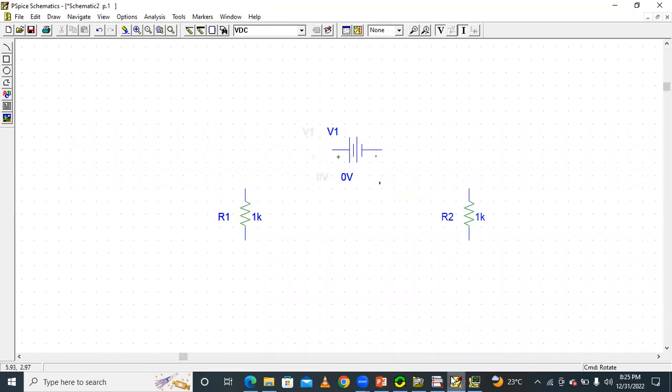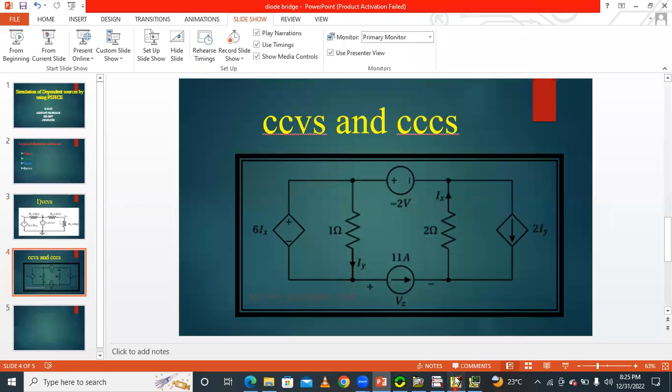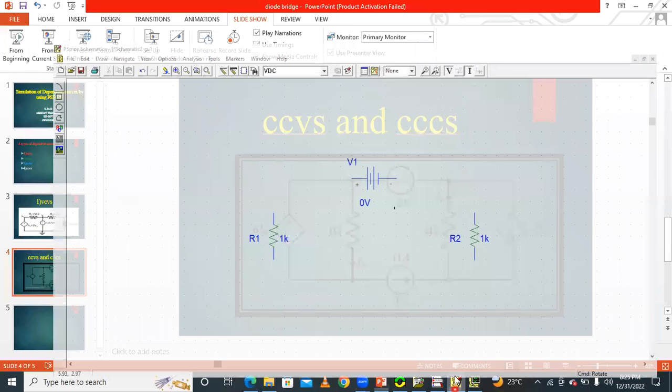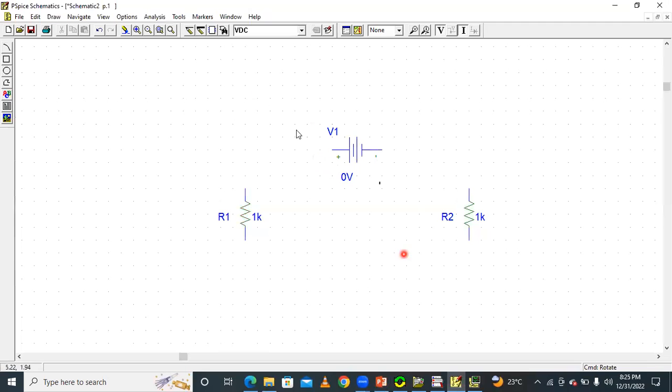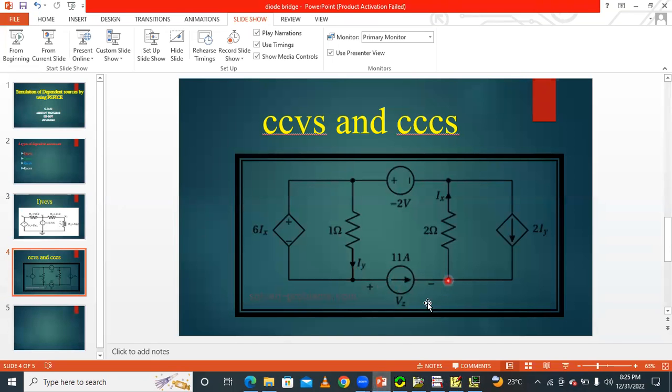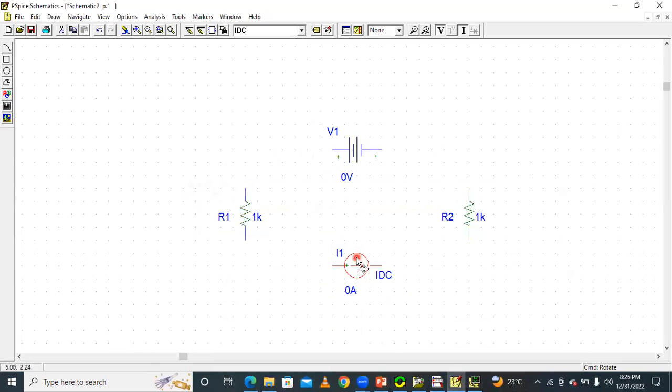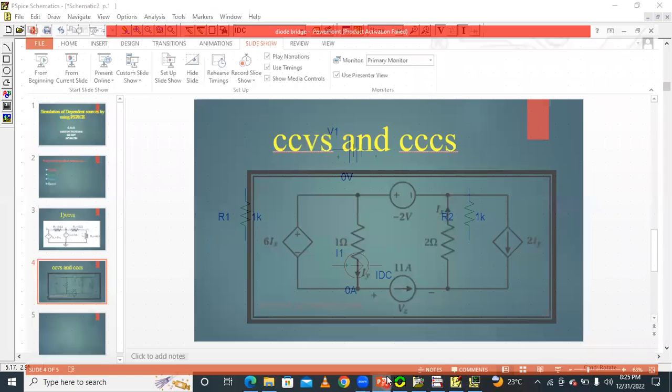You have to connect like this. Then next, two resistors and one current source. Take one current source, IDC, plus controller. The current source direction is like this. So that's why we have to connect and arrange this.